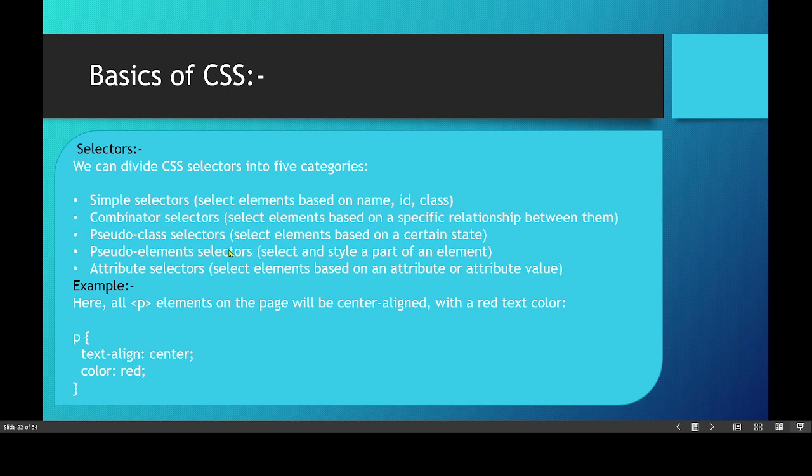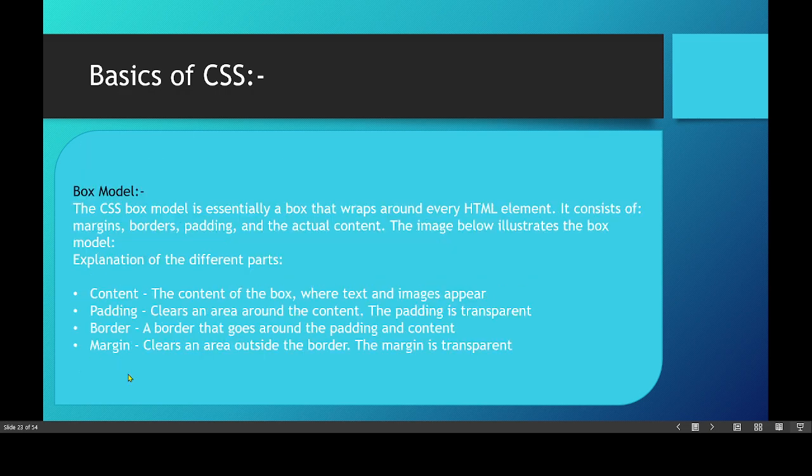Pseudo element selector selects and styles a part of an element. Attribute selector selects the element based on attribute or attribute value. Well, coming to the example of a selector, here is the syntax of the selector. Text align means we can align our text as right or left or the middle, and color describes the color of the text.